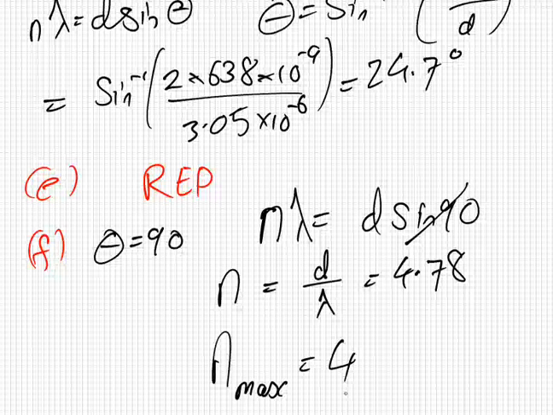So our formula, do you remember it? It's n lambda equals d sine theta. So theta is sine inverse of n lambda over d, which equals sine inverse of 2 times 638 times 10 to the minus 9 all over 3.05 times 10 to the minus 6.